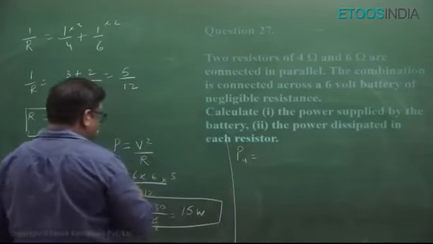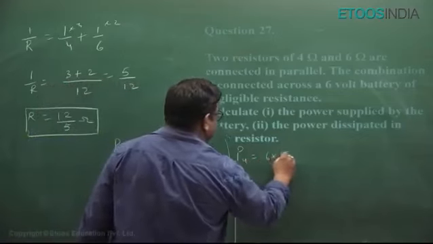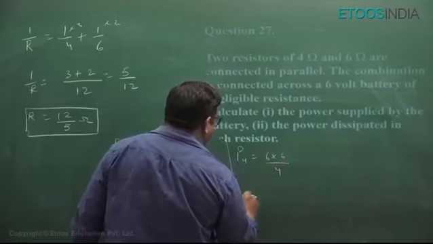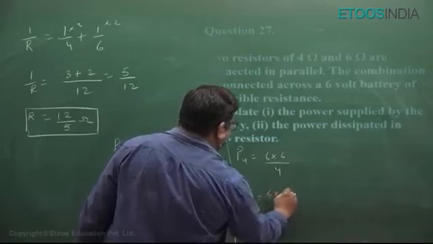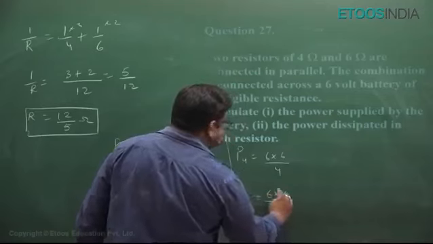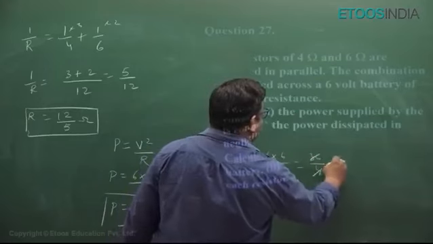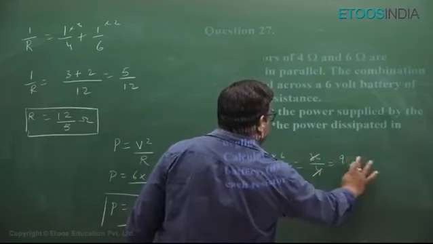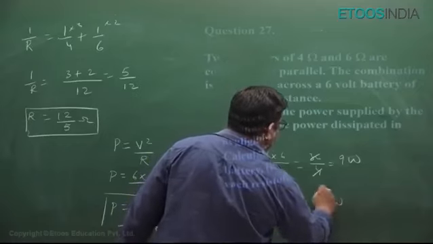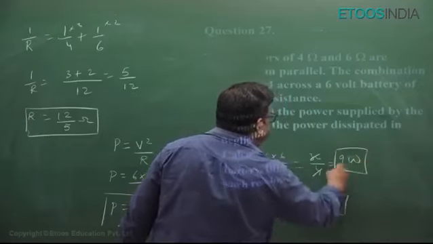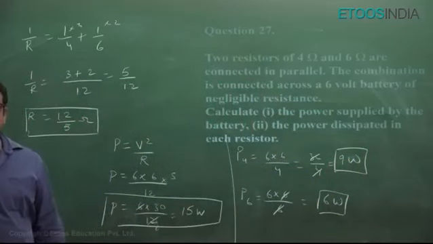V is 6, so 6 into 6 upon 4, and in the 6 ohm resistor, that will be 6 into 6 upon 6. So let's check out the answer. 6 6s are 36 upon 4. The answer is 9 watts, and here it is 6 watts, and the total answer should come out to be 15, which is exactly here like this. Got it?